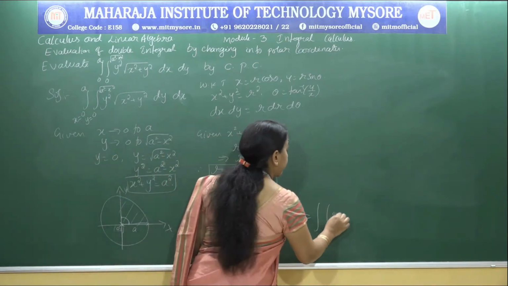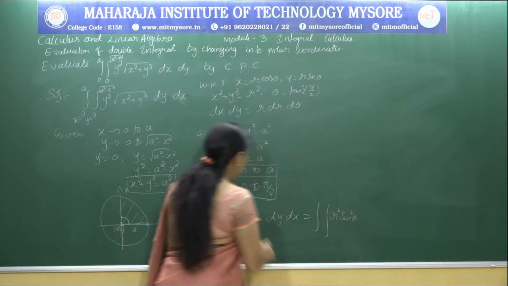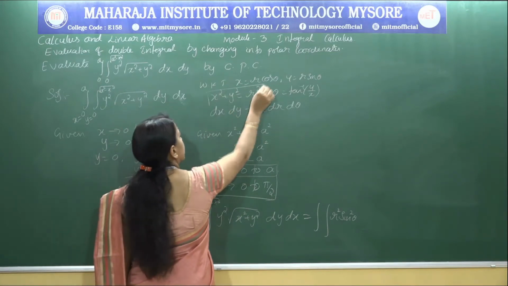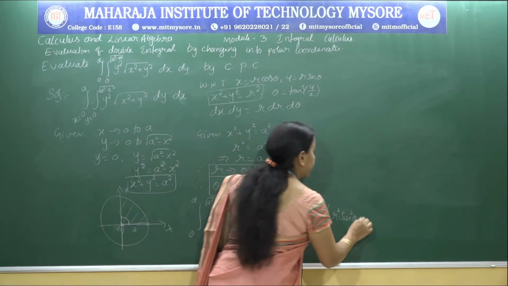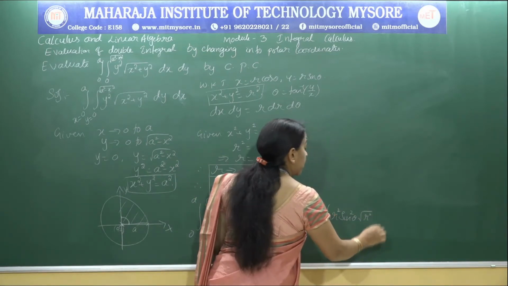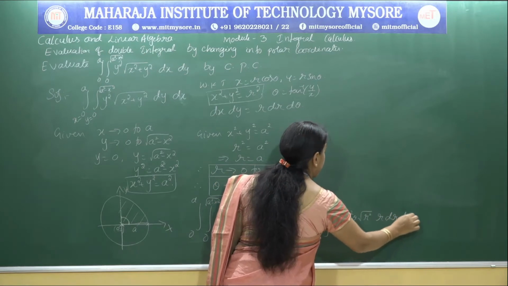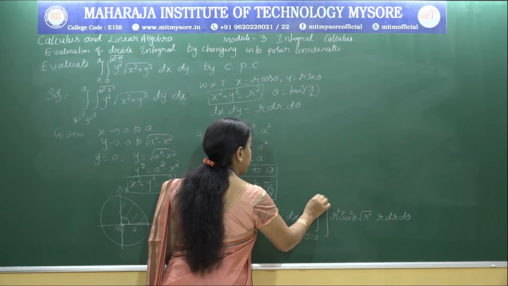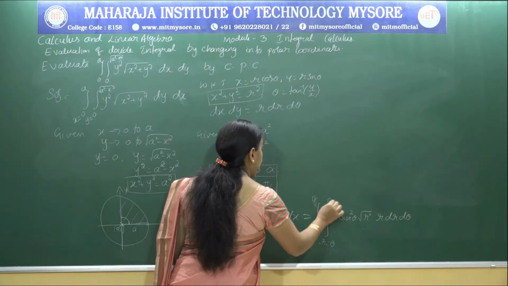If I square that, we have r square sin square theta into root of x square plus y square. We know that x square plus y square is r square, so we have root of r square, and dx dy is r dr d theta, where theta varies from 0 to pi by 2 and r varies from 0 to a.